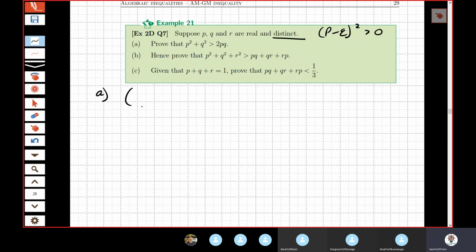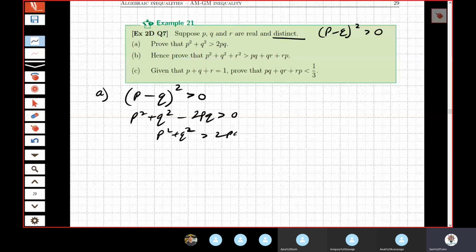So therefore, you're going to get P minus Q squared greater than 0. And then, of course, you expand and you bring it to the right-hand side. I think that first step should always be the easiest mark you're going to get in your exam. That's simple. Done.